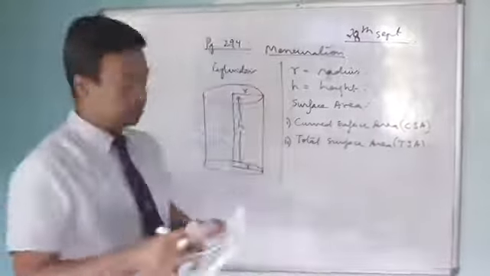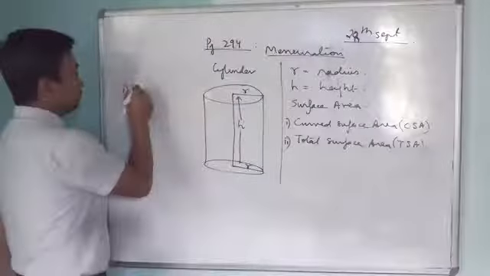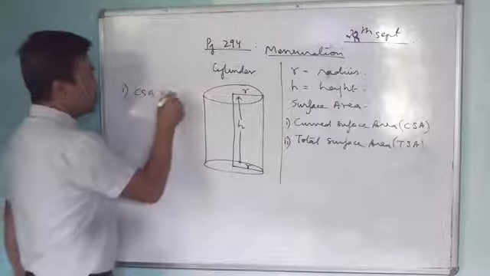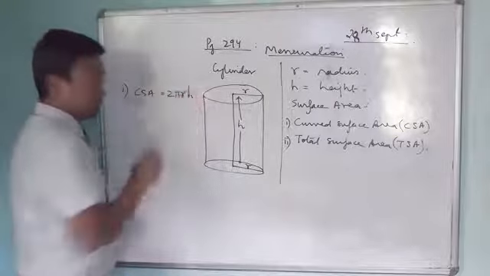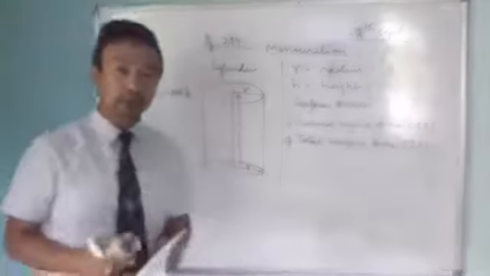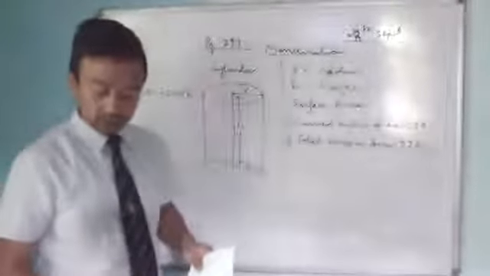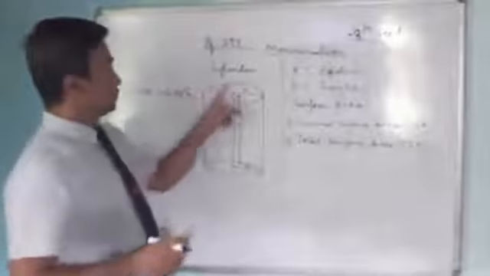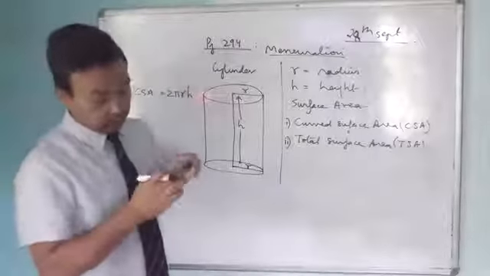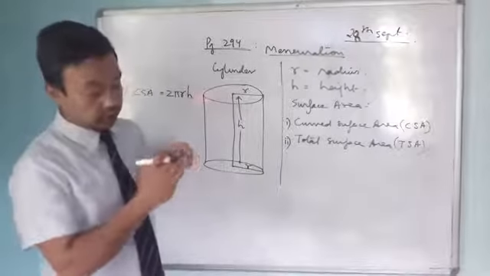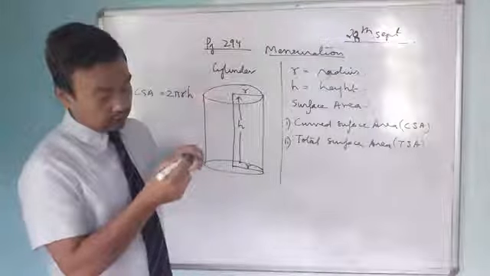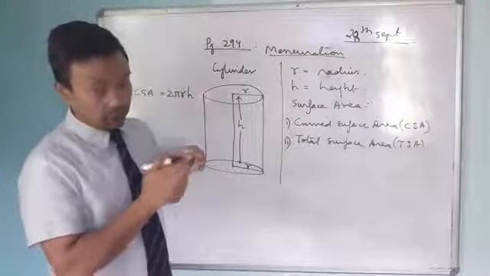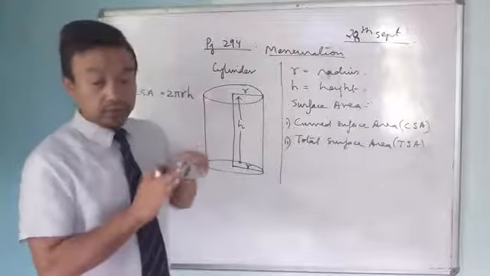So we have here the curved surface area 2 pi r h, and all of you know that pi is a constant whose value is given to you as 22 by 7. r is the radius. If you see that this is one circular face, so here you have a circle, the area of the circle is pi r square.